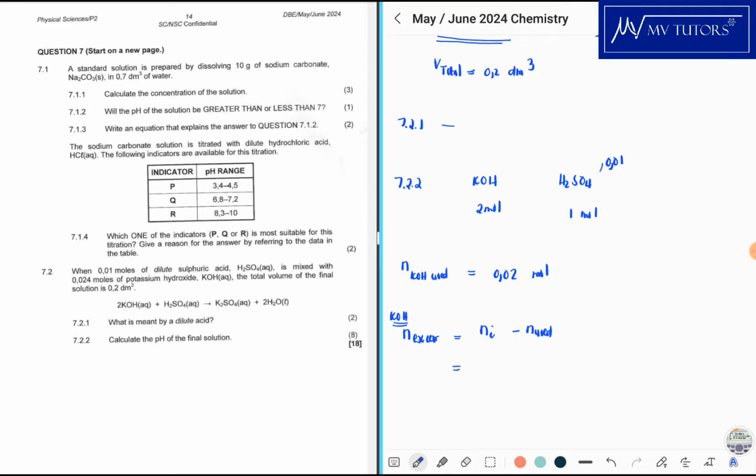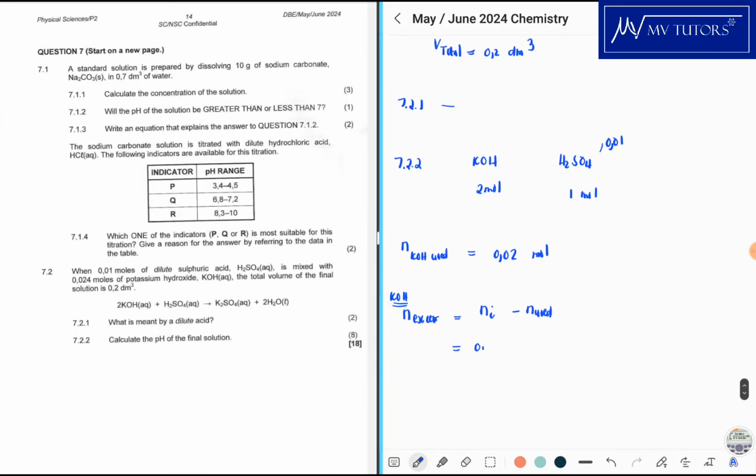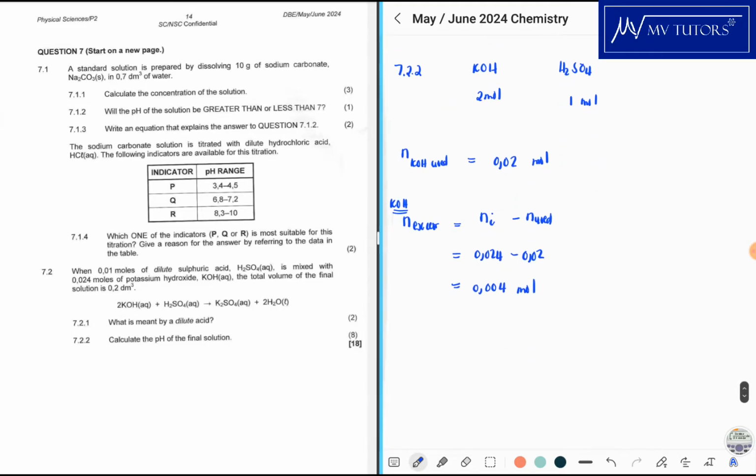So in excess, initially I had 0,024, and what I used up is 0,02. So in excess, then I have 0,004 mole.